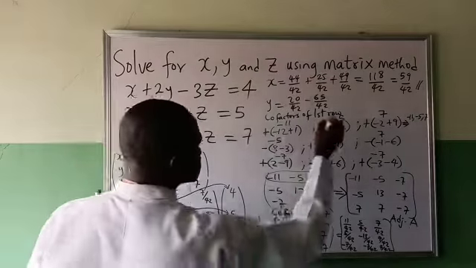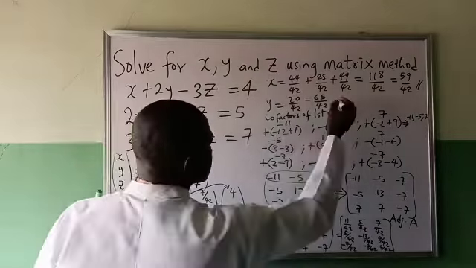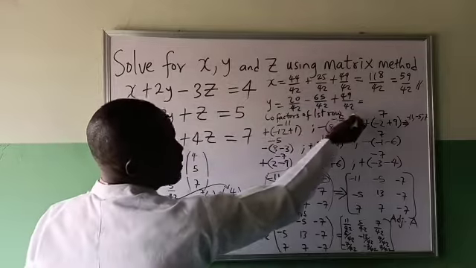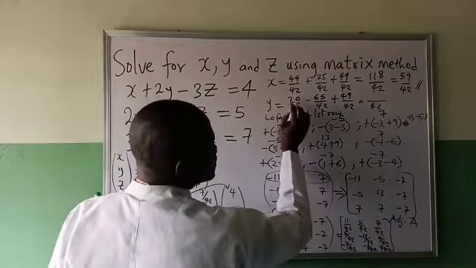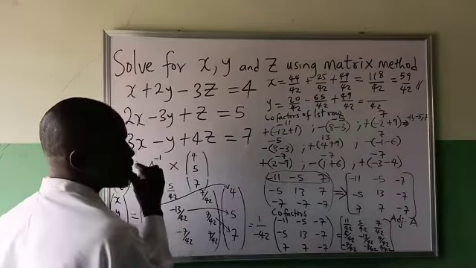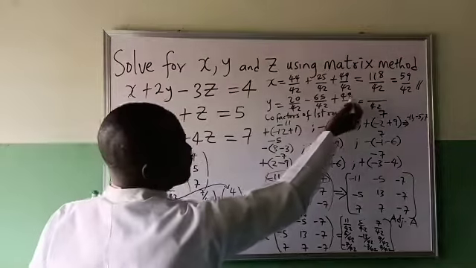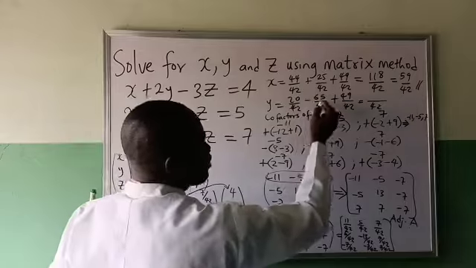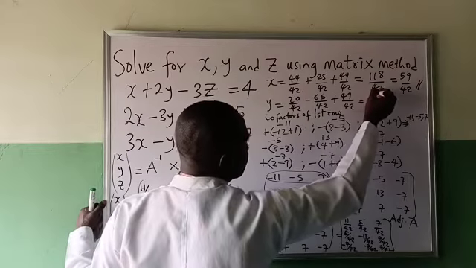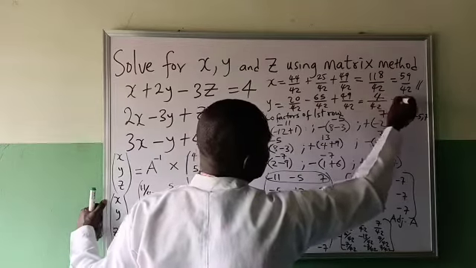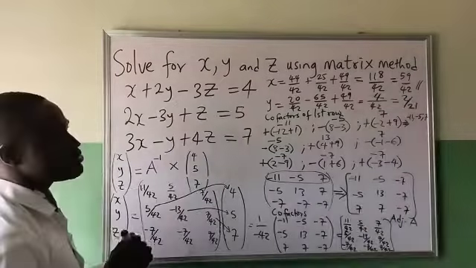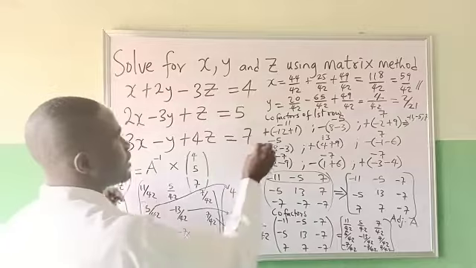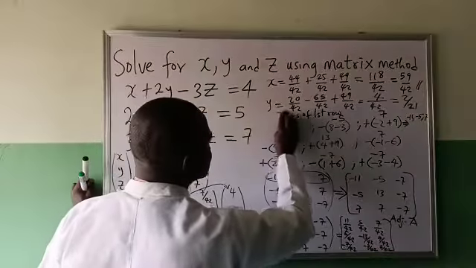This times is plus 49 over 42. All of them are over 42. So I'll write 42. 20 minus 65. Okay, 20 plus 49, 69. 69 minus 65, 4 over 42. That will be giving me 2 over 21. That is my y.